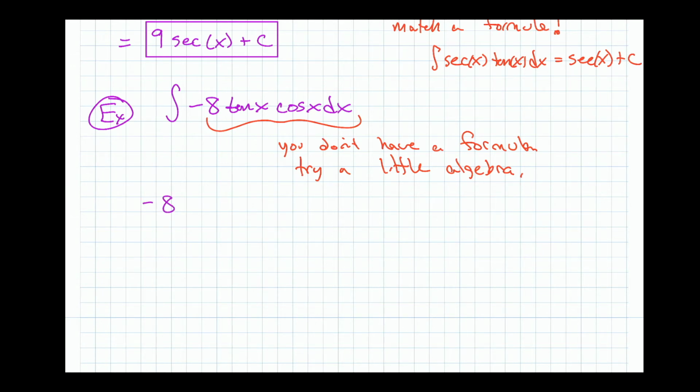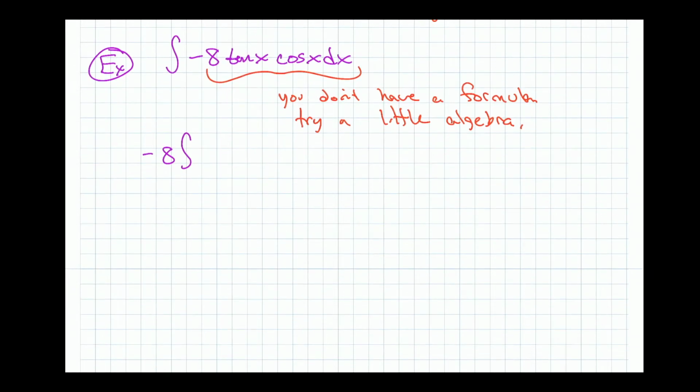Well, first of all, the -8 can come out. That's a rule. Then you have a tangent. Well, what's a tangent? Tangent is sine over cosine, right? So you have sine x over cosine x times, then what? Well, you've got a cosine x.